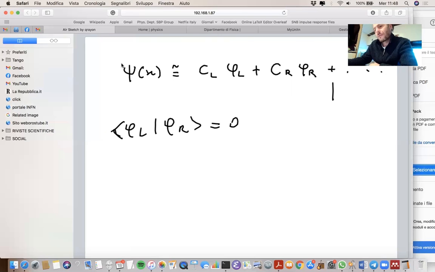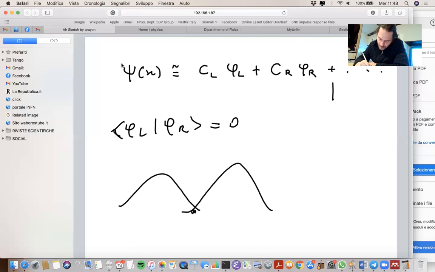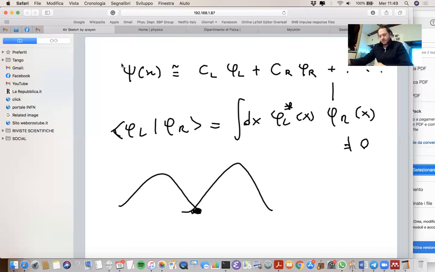However, in this case, phi left and phi right are actually not exactly orthogonal. This inner product is not 0 because the two Gaussians have a small overlap. You see? This is nothing but the integral of phi left star, phi right. Since there is a region where both are finite, this integral is expected to be different than 0.